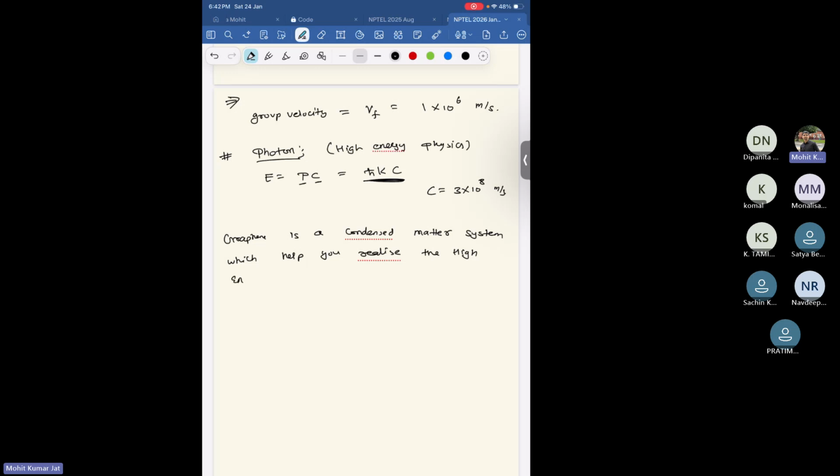You can realize or test high energy physics theories in the experimental lab, even at very low energies, because here your vF is 2 orders of magnitude less than the speed of light.